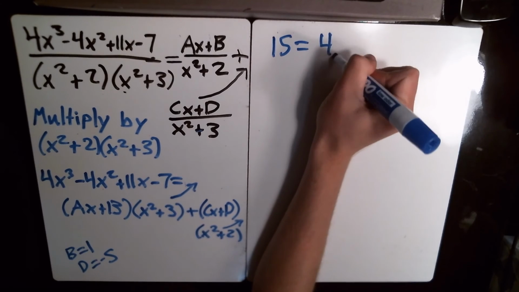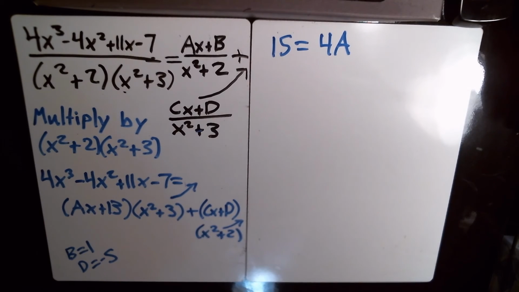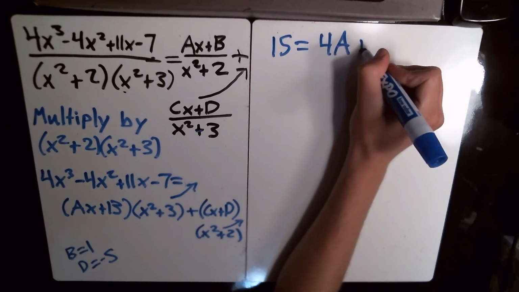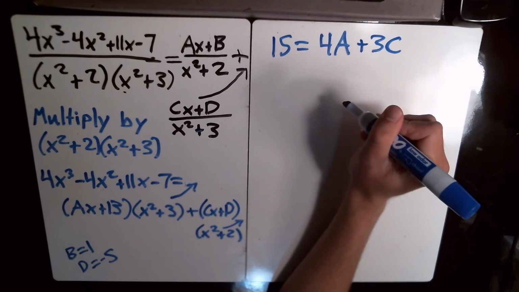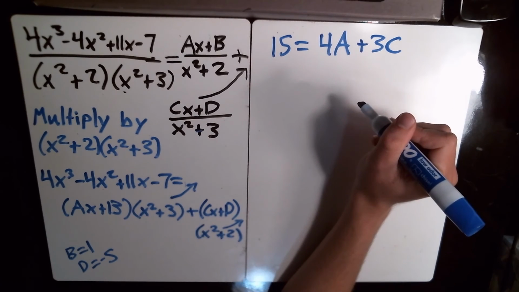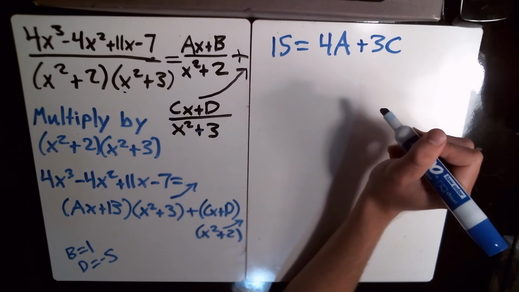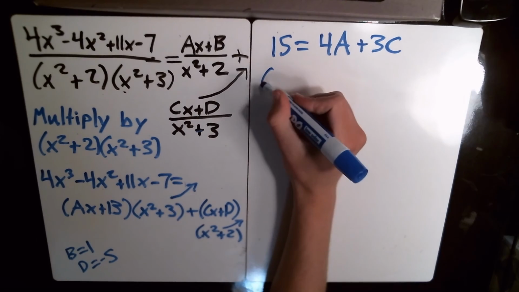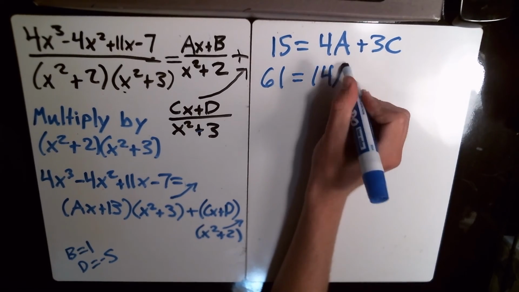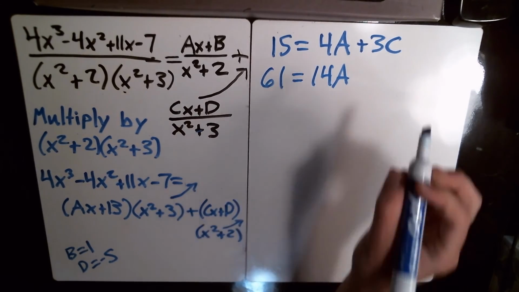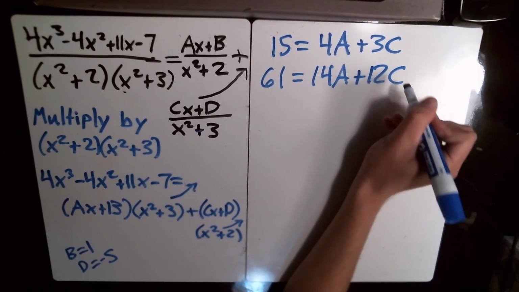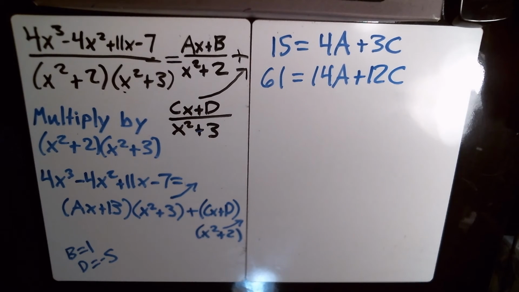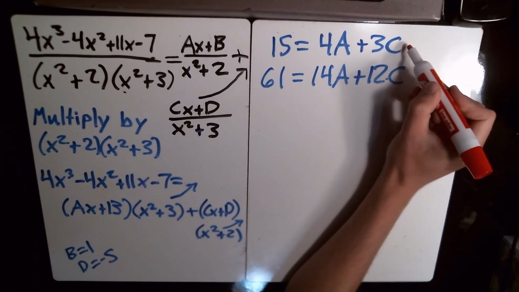15 equals 4a plus 3c, and then 61 is equal to 14a plus 12c. Okay. So how can we solve this? Oh, these two are pretty similar. So let's times this by -4.